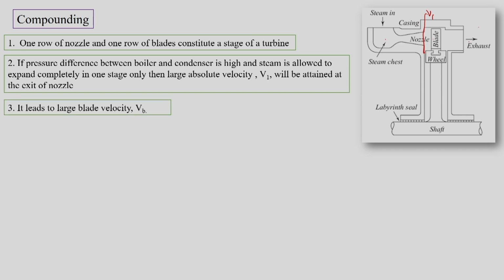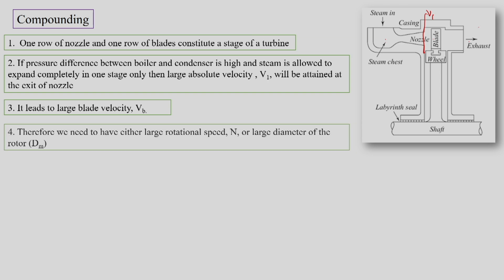Then, as we have seen, there is a particular relation between the absolute velocity at the exit of the nozzle and the blade velocity for getting the maximum efficiency. So, it turns out that there is very large velocity of the blades as well. We know that Vb is equal to pi dm into n by 60.